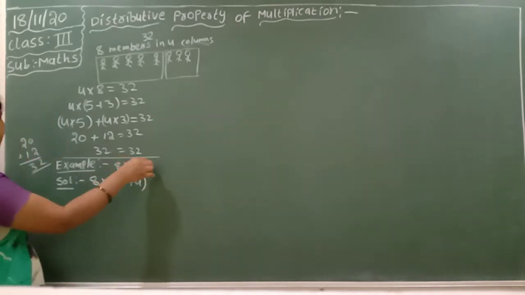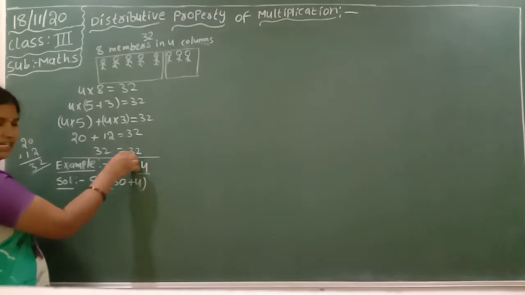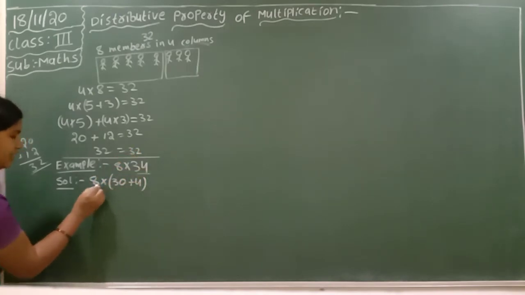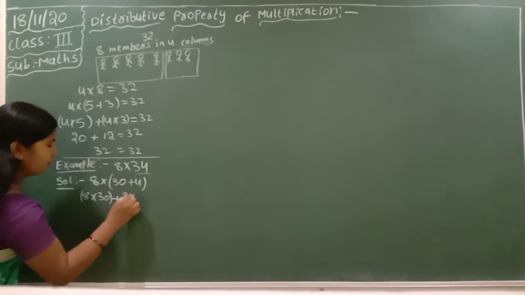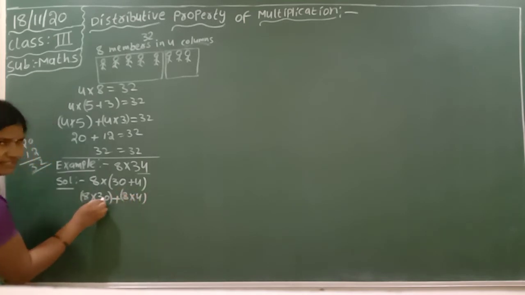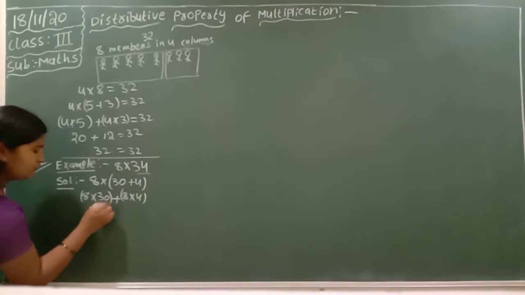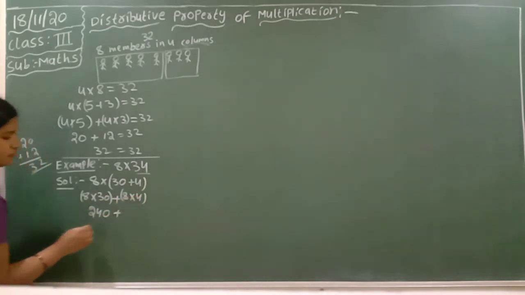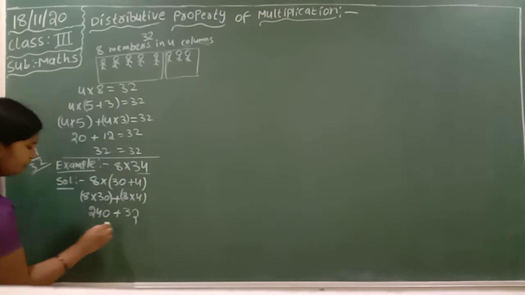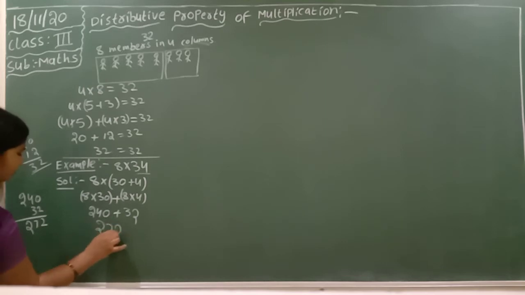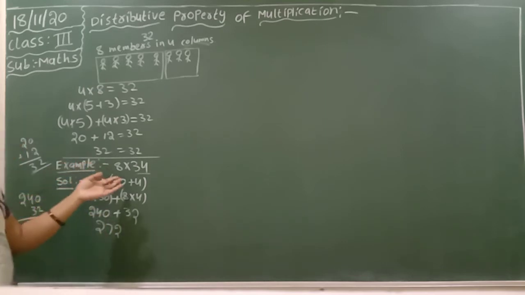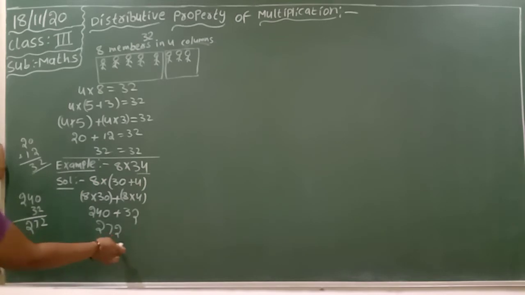Because 3 is in tens place, 4 is in ones place. 3 tens 30, 4 ones 4. Now multiply. 8 into 30 plus 8 into 4. 8 3s 24. 8 into 0, 0. Plus 8 4s 32. Now you can add these two numbers. 240 plus 32. 0 plus 2, 2, 4 plus 3, 7, 2. 272.